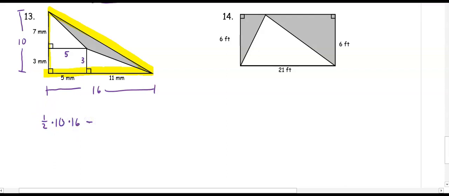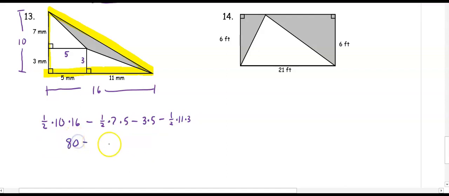Now, unlike a composite figure, we're going to subtract out the parts that are not shaded. So first we have this triangle up top that has the dimensions of a base of 5 and a height of 7. So 1/2 times 7 times 5 minus our rectangle, which is 3 times 5, minus our other triangle, which is 1/2 times 11 times 3. So we're going to do each of these areas separately.